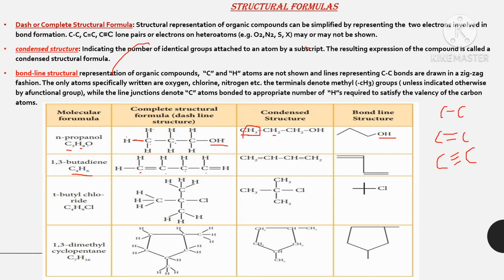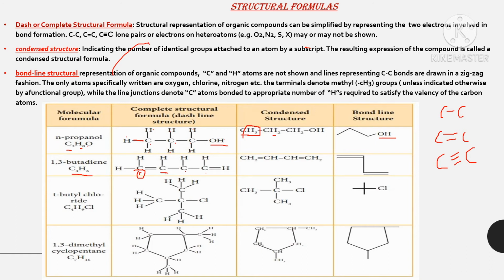So see the first carbon: this carbon has 2 hydrogen atoms attached, and the remaining 2 bonds are with a carbon atom. So the first carbon has its 4 bonds satisfied, and the second carbon is also attached with 1 hydrogen atom, and the remaining 3 bonds are with the other 2 carbon atoms. So this is the complete structural formula.